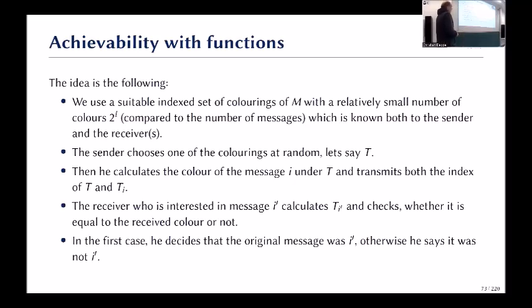So the idea is the following. I think I have a picture on the next slide, but first I want to explain how it's written here. We use an index set of colorings of M, with a relatively small number of colors, 2 to the n. And both are known to the sender. The sender now chooses one coloring at random, say T. That's a coloring function, this coloring T goes from the index set to the colors, and every message gets a specific color.